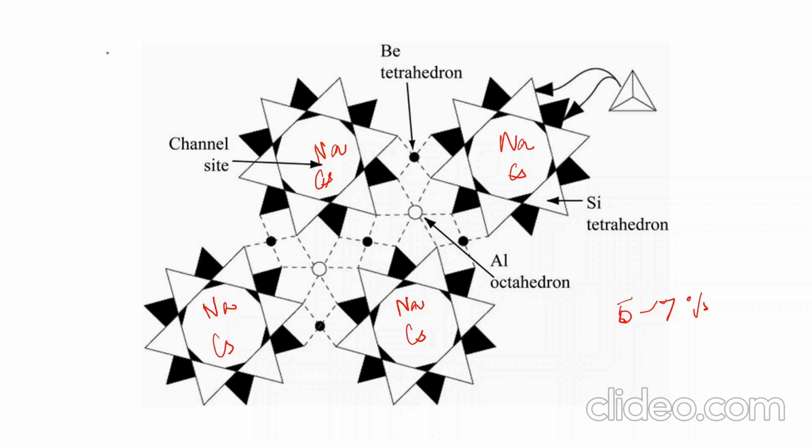So for the alkali beryls, you can have sodium, cesium, potassium, lithium, and it has been found that lithium and sodium can tend to replace beryllium.